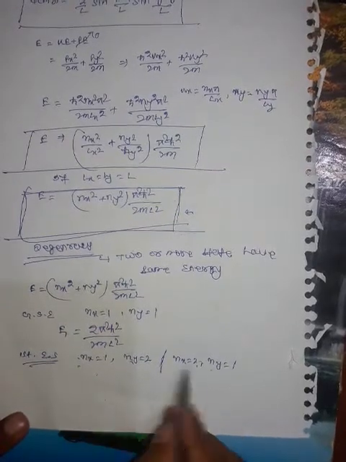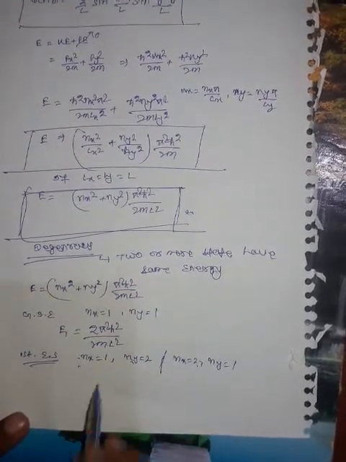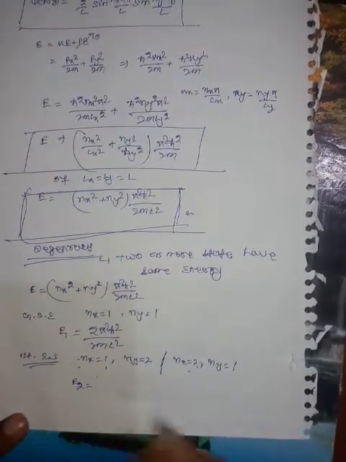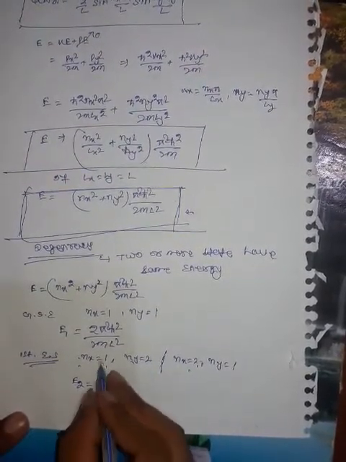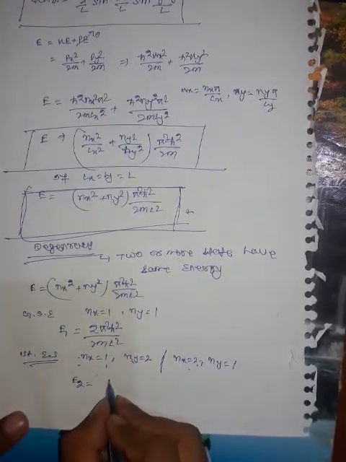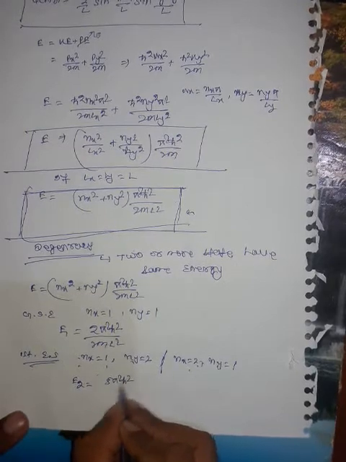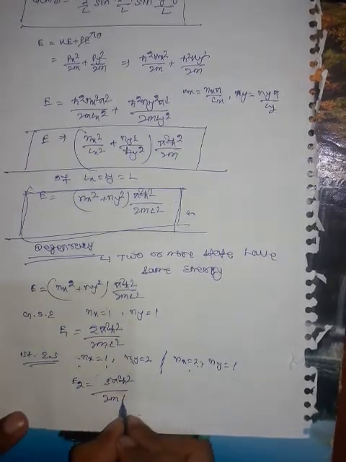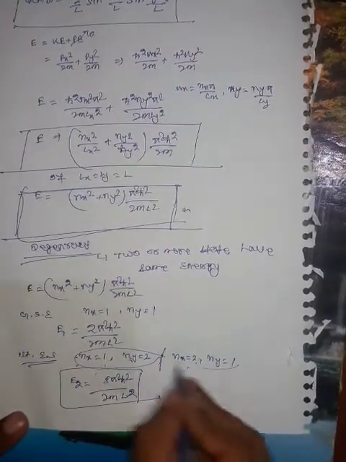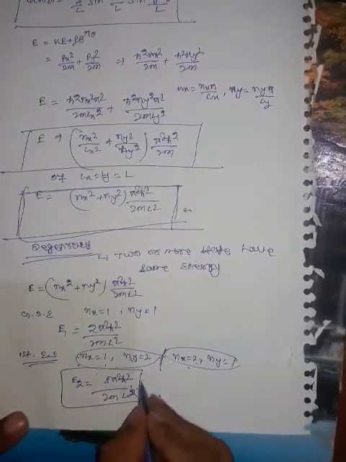That's why these two states are called degenerate. Two states having the same energy, so E2, the first excited state, is equal to 1 square plus 2 square, that is 1 plus 4 equals 5, pi square h square divided by 2ml square. The two states (nx, ny) = (1,2) and (2,1) have the same energy. That's why it's called degeneracy.